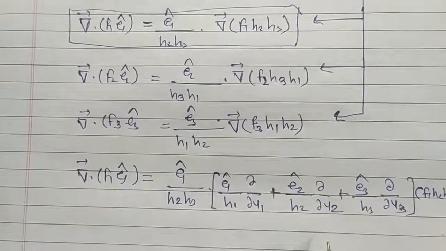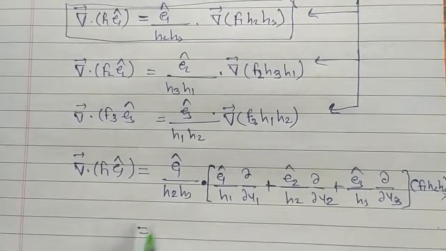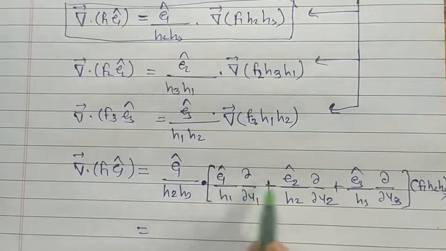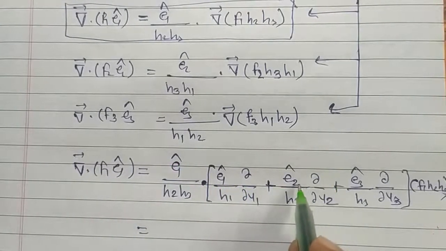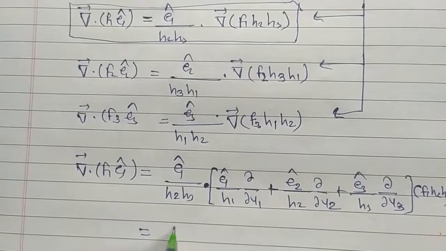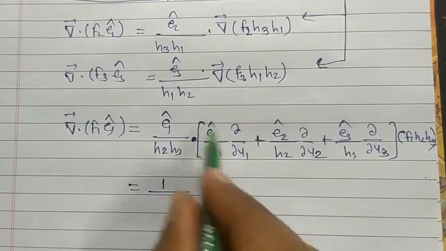Okay, now as there is a dot product, you know that only the terms which contain e1 will survive. You can see there is no e3 term in this first quantity, so it will look like 1 upon, and also dot product gives you scalars not vectors, so direction will not be included.